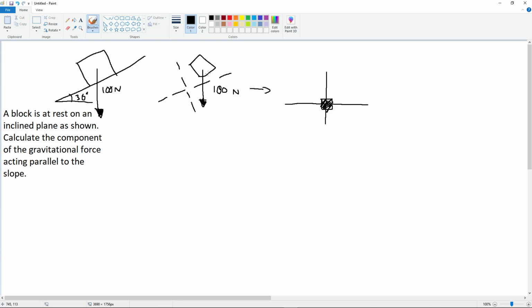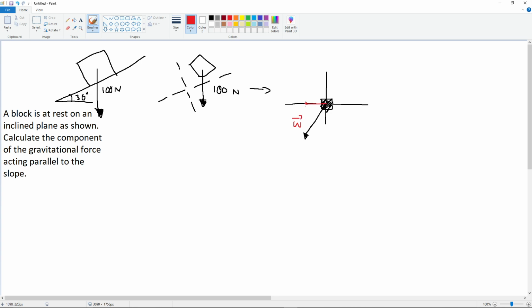And now we will shift everything by 30 degrees. So our gravity vector will now be here, and a new force diagram will look something like this. Once we have that, to find our components, we will resolve this vector into vertical and horizontal components.